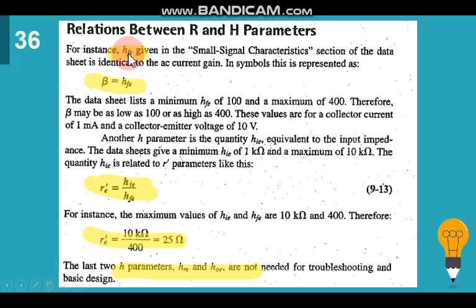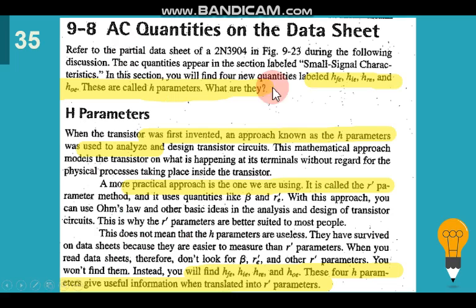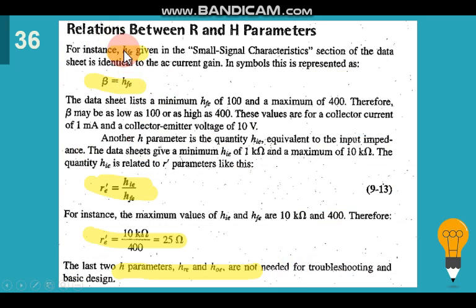You will have a total of four different H parameters: HFE, HIE, HRE and HOE. First is HFE, which is called your current gain beta.